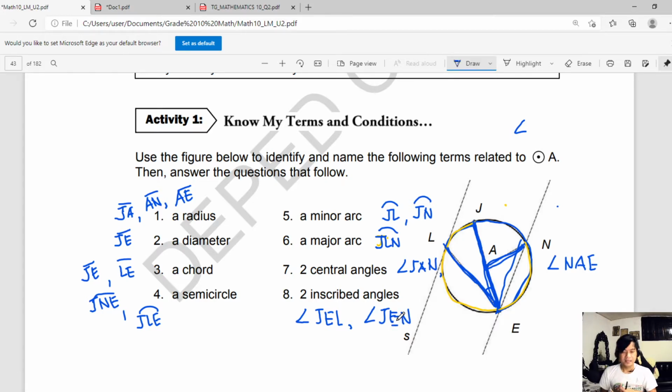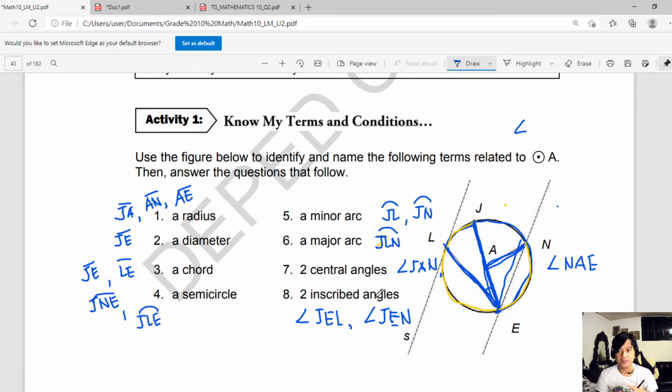So, siguro meron na kayong mga idea what are the definitions or what are the descriptions of the following terms related to circle. So we have the first one is the radius, diameter, chord, semicircle, minor arc, major arc, central angle, and inscribed angle.